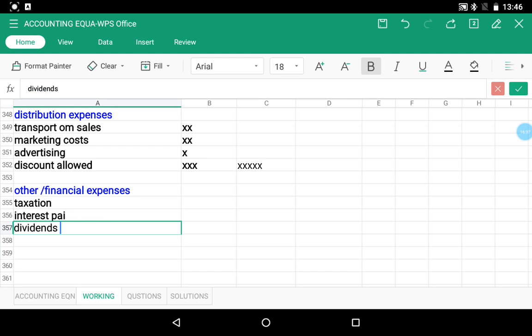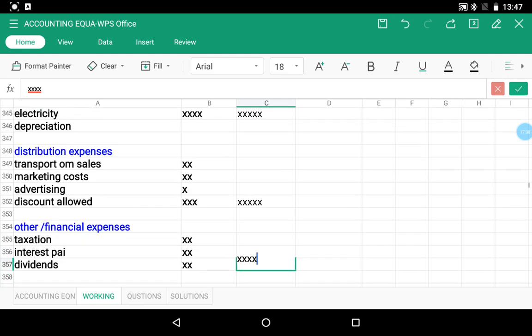They're also recorded under financial expenses, as they involve money from the business and are not connected with physical things. So here we also record our financial expenses. We shall get our total financial expenses.